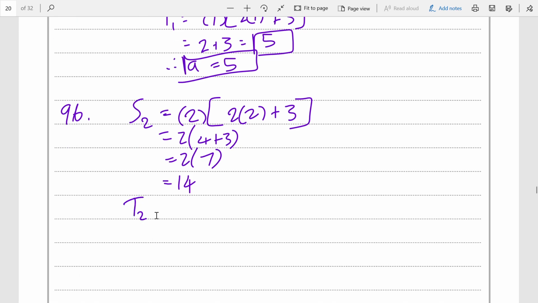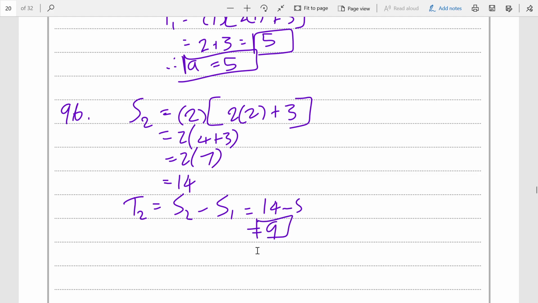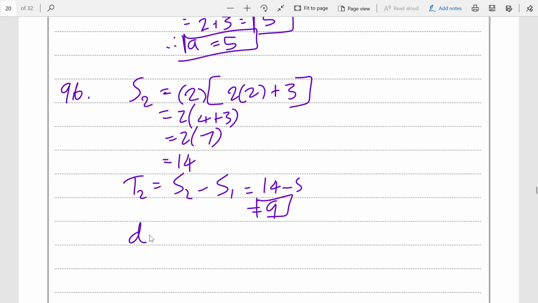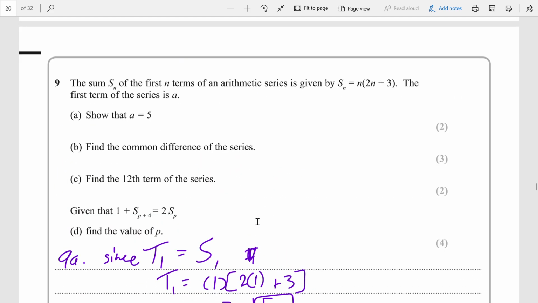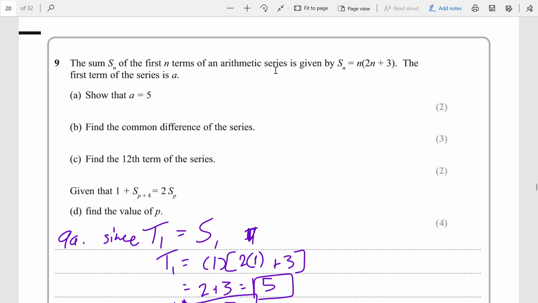And the second term is equal to the sum of the first two terms minus the sum of the first one terms, which is 14 minus 5, which would be equal to 9. And finally, the common difference d will be equal to the second term minus the first term, since we know this is an arithmetic series, it explicitly tells us here.